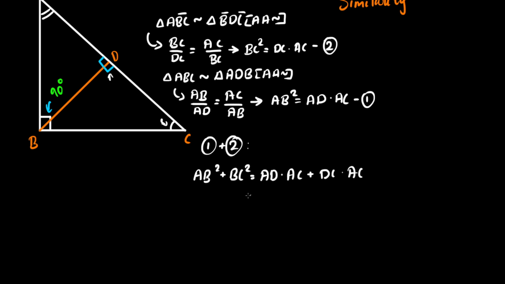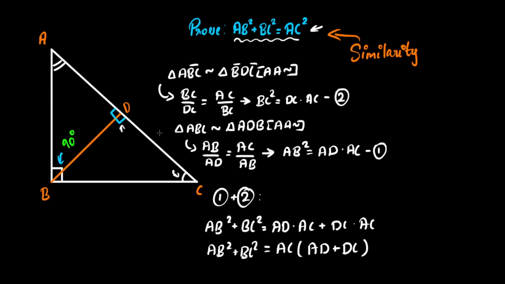Alright, AC is common, so let's distribute that out: AC times AD plus DC is equal to AB squared plus BC squared, and we can find that AD plus DC is basically AC.